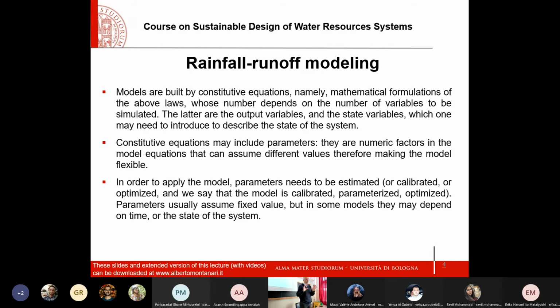Keep in mind that when you identify the state variables, you may simplify things. You may recognize, for instance, that temperature is important because temperature is influencing the viscosity of water. On the other hand, you may decide that this kind of state variable, you ignore it for the sake of simplicity, which means that you don't describe temperature, you reduce one equation, you get to a model that is simplified and less uncertain.